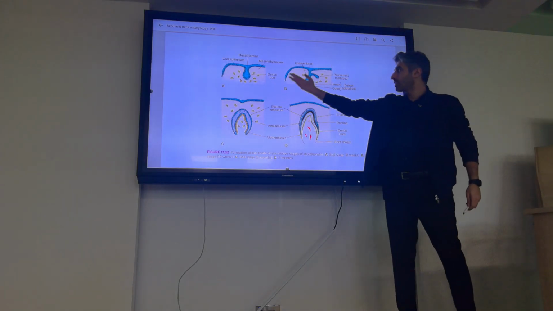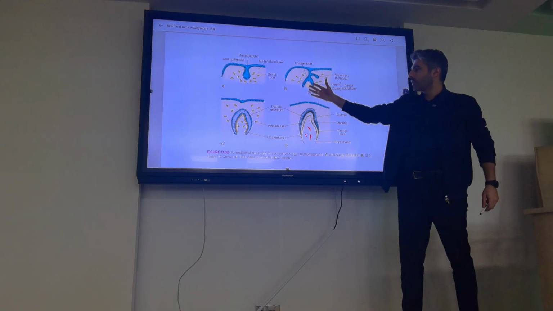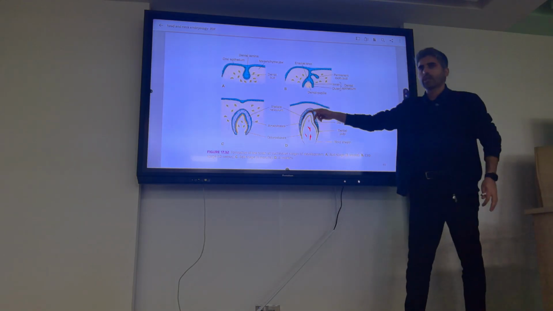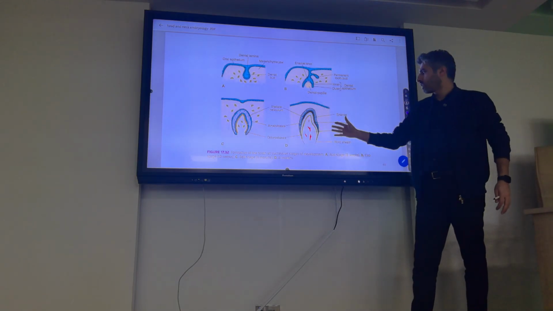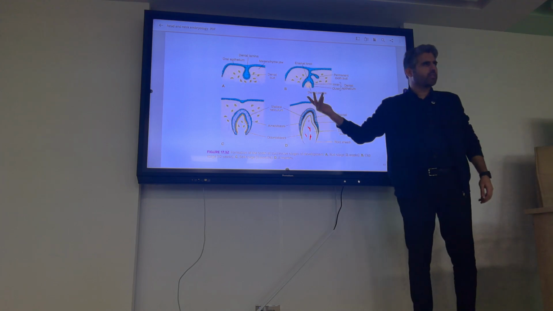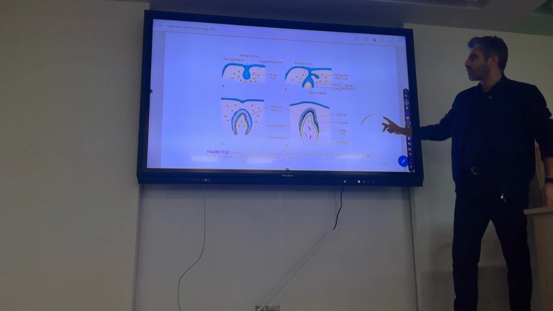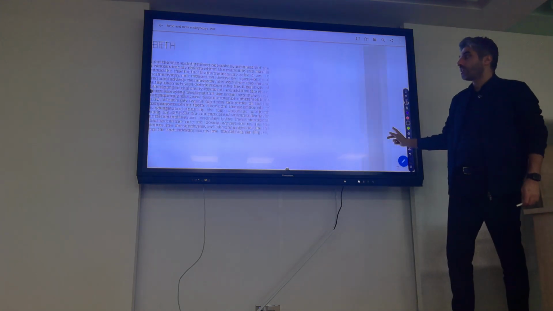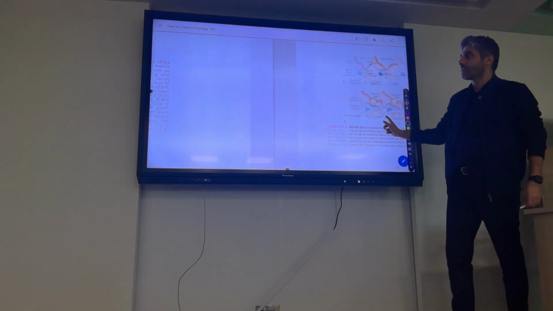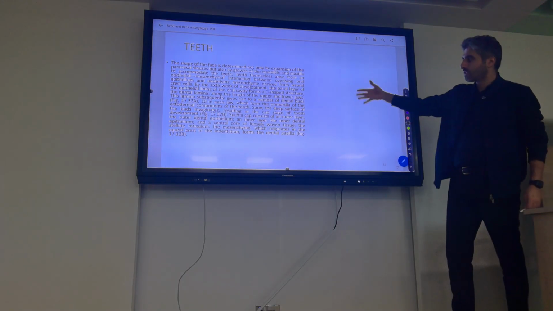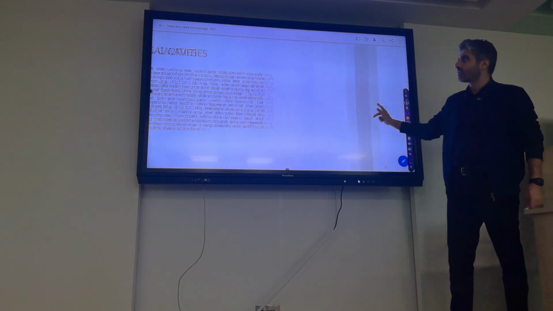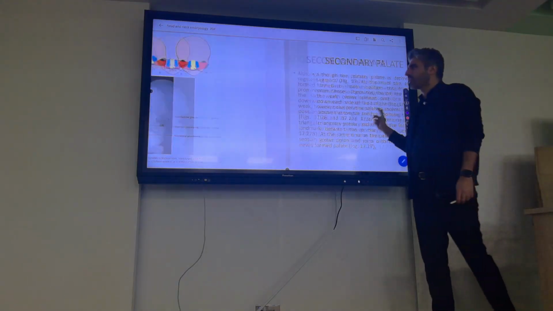The dental bud, then we have dental papilla, then it divides into two parts. You can see enamel, dentine, cementum, and this structure. The detail is not very important, but know the general function, what happens here. So this is teeth, just reading this explanation is enough. And so this is the embryology.